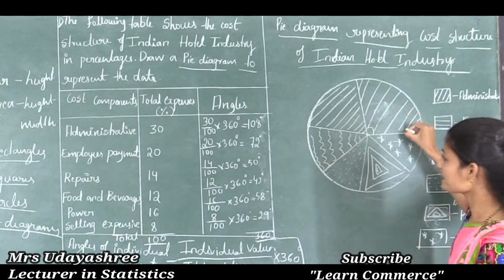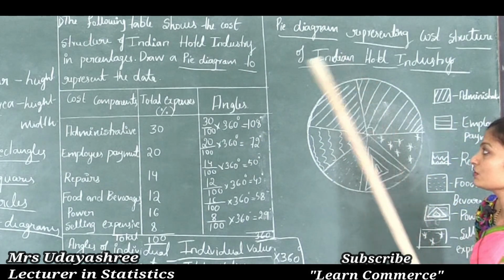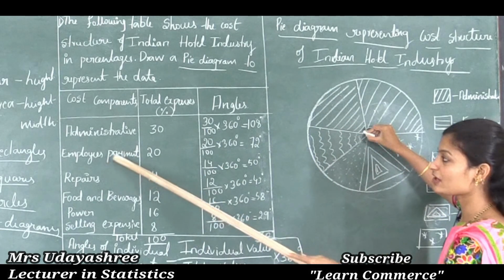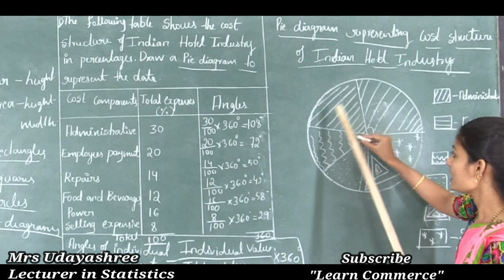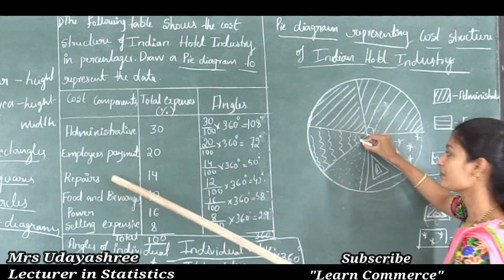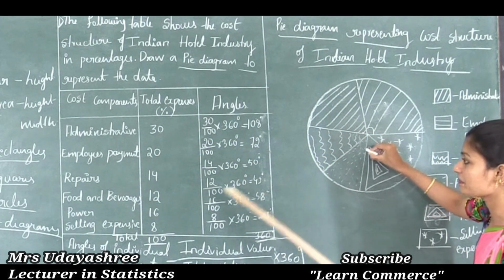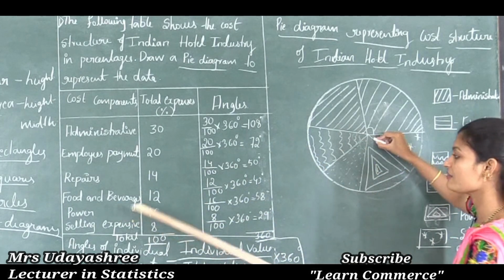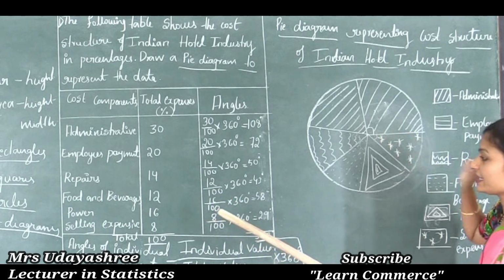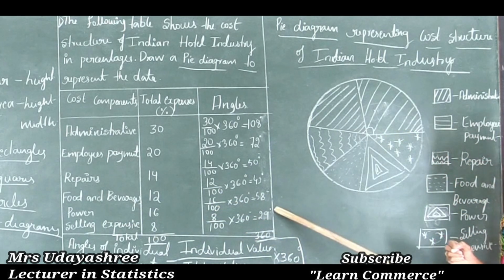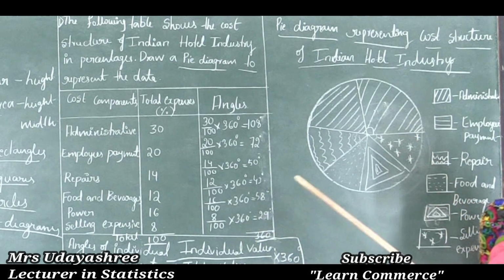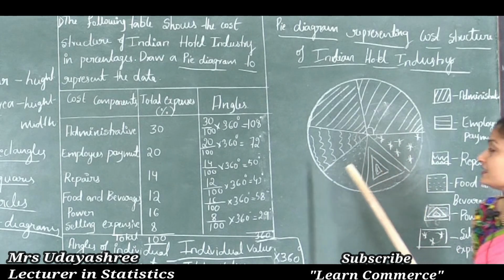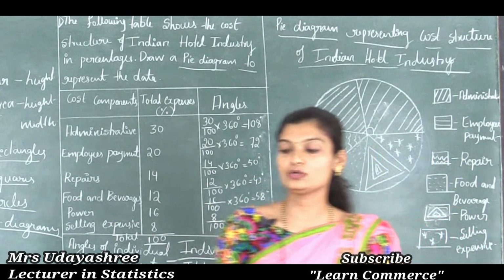So this area represents the administrative expenditure, and this area represents employee payment expenditure, and this area represents repair expenditure, and this area represents food and beverage expenditure, and this area represents power expenditure, and the last one, this area is 29 degrees, and this area represents selling expenditure. Okay, this is all about the pie diagram representing the cost structure of the Indian hotel industry.